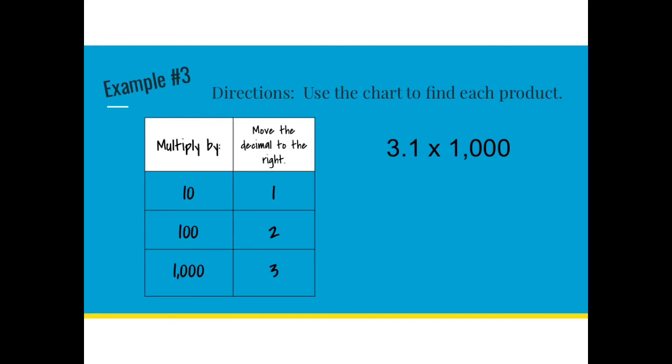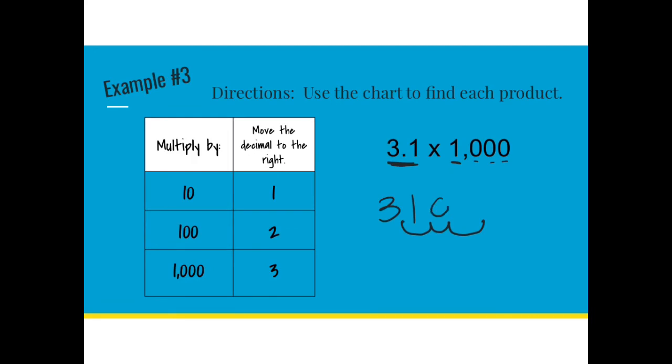In our third example, we are going to end up needing to add some zeros. Now, we know that we're taking 1 times 31 in a sense. So I'm going to go ahead and put 31 down as my answer because I know that's going to be part of my answer. And since my decimal point started here, I'm going to move 1, 2, 3 spots because there are, again, 3 zeros in 1,000.